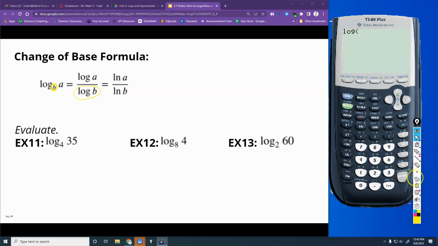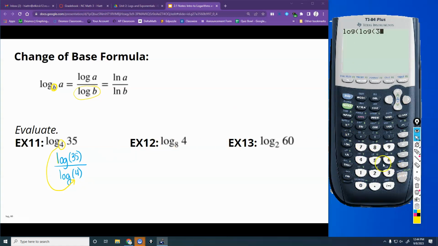So if I want to figure out what log base 4 of 35 is, I could type into my calculator log of 35 divided by log of 4. Whatever the base is always goes on the bottom, which should make sense because bases are on the bottom of things, right?